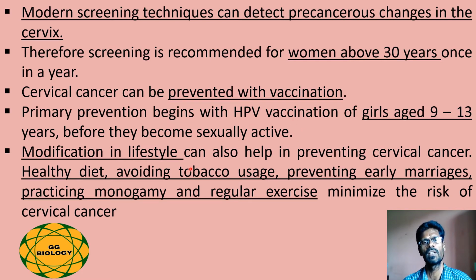Modification in lifestyle can also help in preventing cervical cancer: a healthy diet, avoiding tobacco usage, preventing early marriages, practicing monogamy, meaning having one partner, and regular exercise can minimize the risk of cervical cancer. These methods have to be practiced to control cervical cancer.